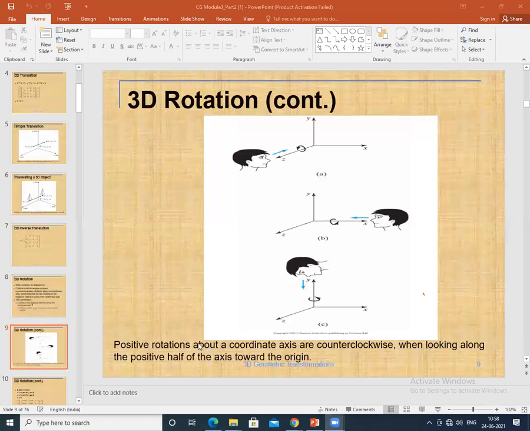This is a diagrammatic representation: positive rotation about a coordinate axis is counterclockwise. You can see the direction of rotation when looking along the positive half of the axis towards the origin. So the eye is looking towards the origin, and the rotation angle is counterclockwise, again looking at the origin from the z-axis. Likewise for the y-axis, counterclockwise is the positive direction. Clear?